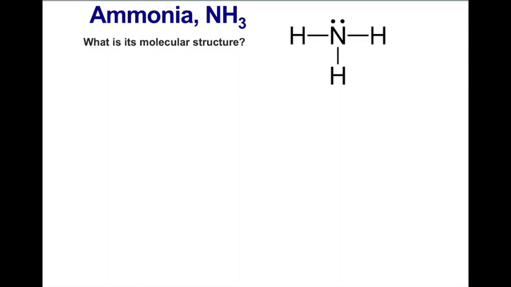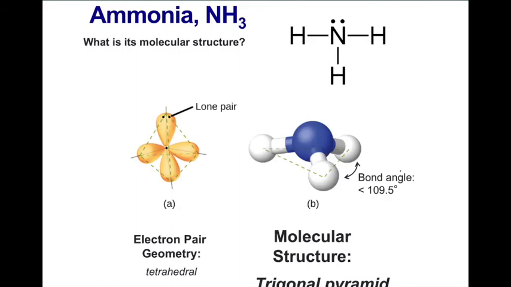So we consider what happens when we have 4 electron clouds, electron regions around a central atom, as we do in this case. And that means the electron pair geometry is going to be tetrahedral. Okay, but again, that's just our stepping stone to be able to then figure out what's the molecular structure.